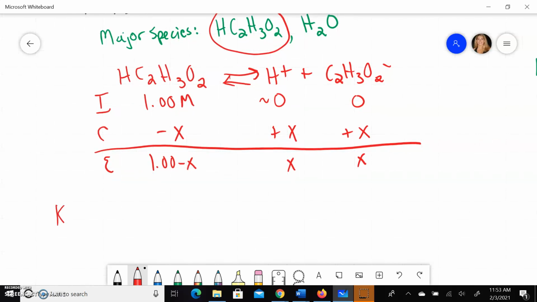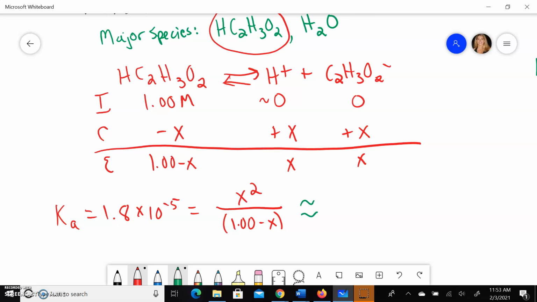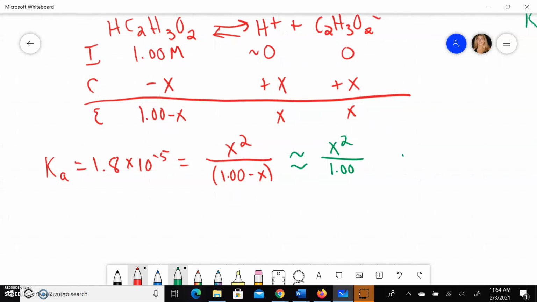And we're ready to set up Ka, which will be products over reactants. We are going to assume that X is very small based on that Ka value. And now we can solve for X.